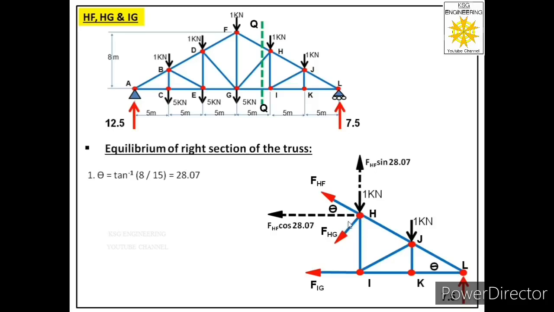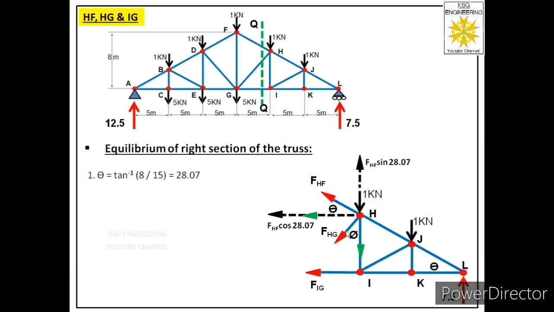The direction of this force is away from the joint, so in these components we have to assume direction away from the joint. Now let us find the magnitudes of these 2 components. So for that we have to first find angle of this force with any of these 2 components. So let us locate angle of this force with this component first, and let us call that angle as phi.